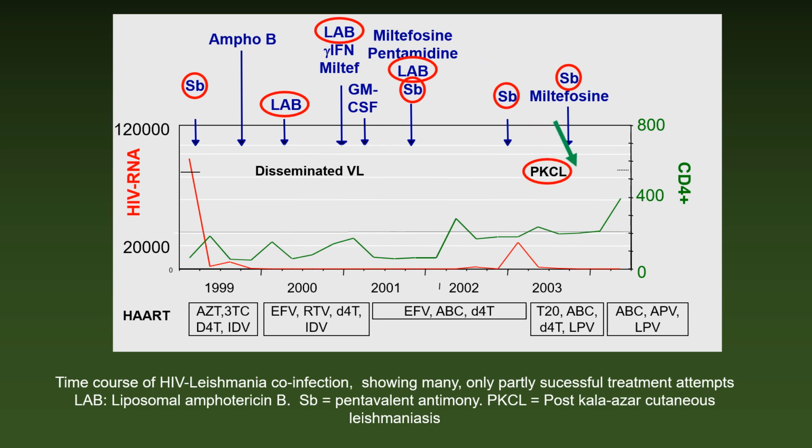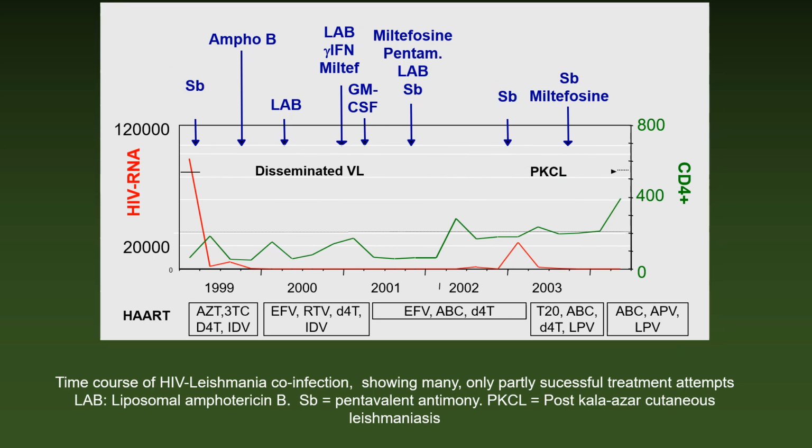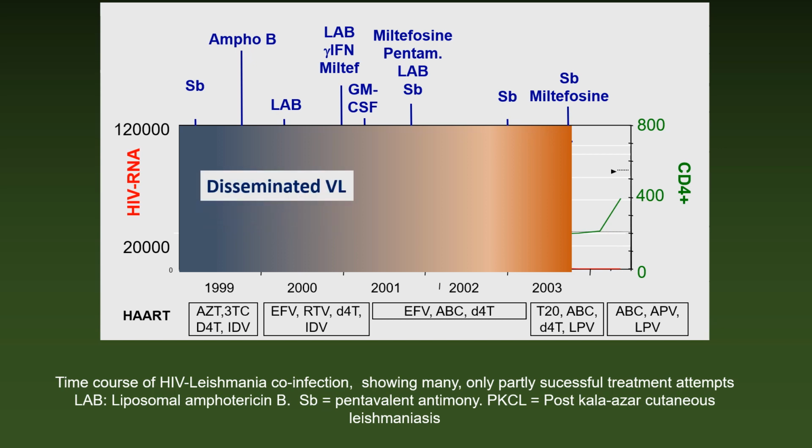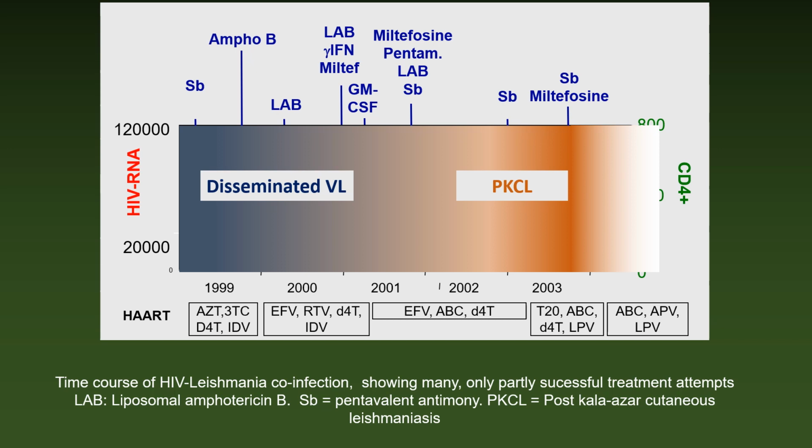Note that the CD4 counts remained low for 4 years until 2003. The character of the Leishmaniasis gradually evolved from disseminated visceral Leishmaniasis to post-kala-azar cutaneous Leishmaniasis. Relapses ceased only after 2003, when finally the CD4 count rose to near normal levels.